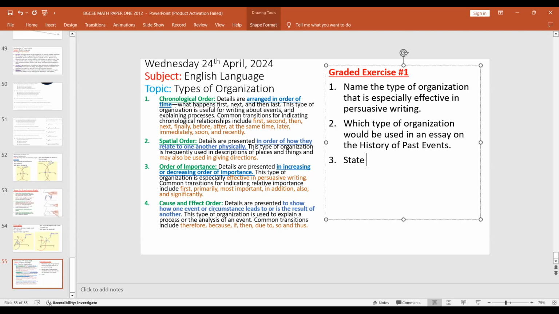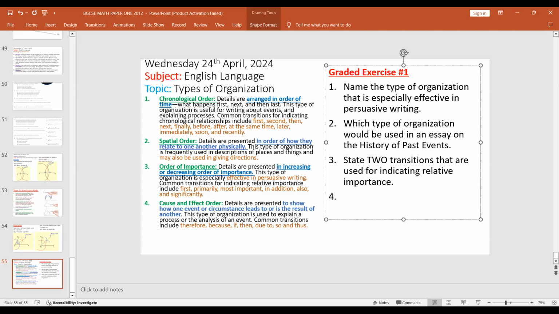State two transitions that are used for indicating relative importance.